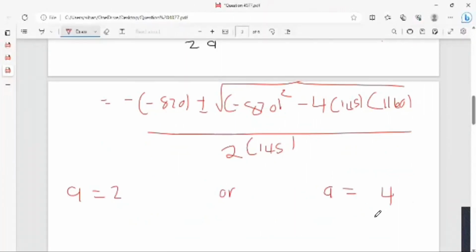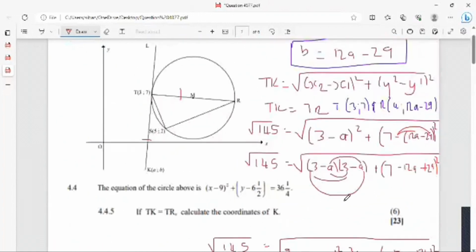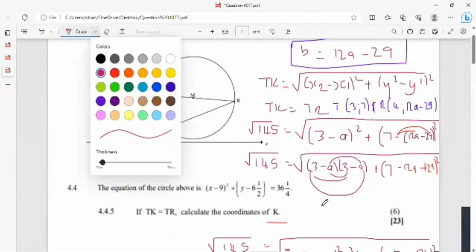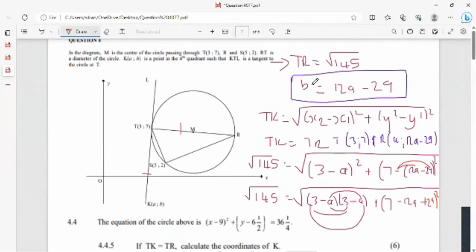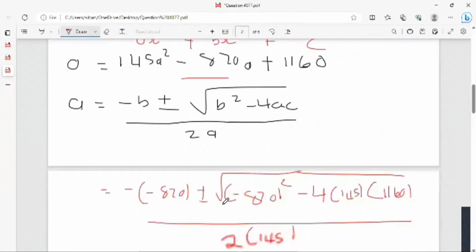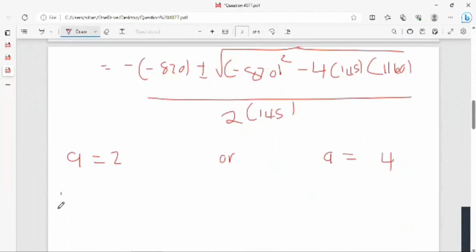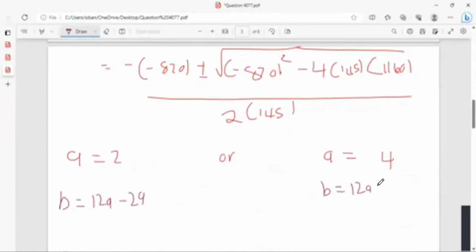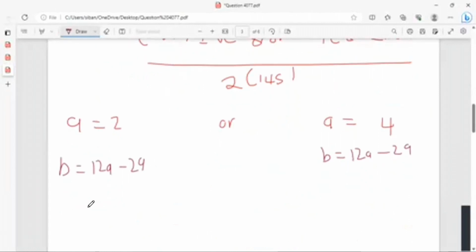Remember, we want the coordinates of k. So we need our a value and our b value. Remember, we previously calculated the value of b as 12a minus 29. So we can write it down here. B equals 12a minus 29. Let's substitute 2 into this equation.